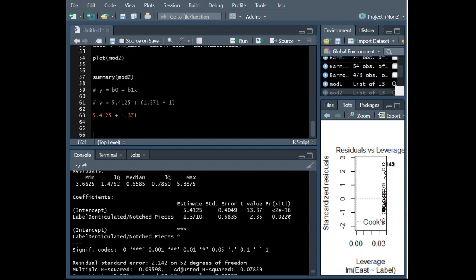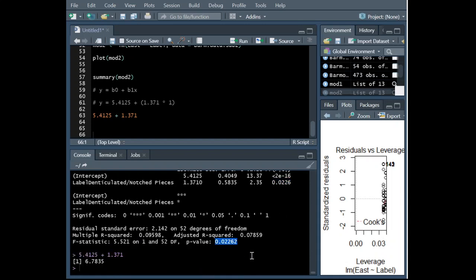And so when we look at the p-value for denticulated and notched pieces, this estimate of 1.37 plus or minus 0.58 turns out to be significantly different from 0. And generally, that p-value there doesn't really matter. In a lot of the models that we're going to run in the future, you won't look at this p-value, but in this case, it is the same as the overall model p-value, which is reported down here at the end of the summary output.